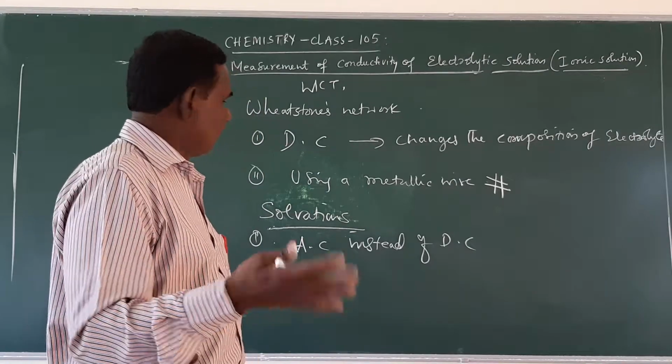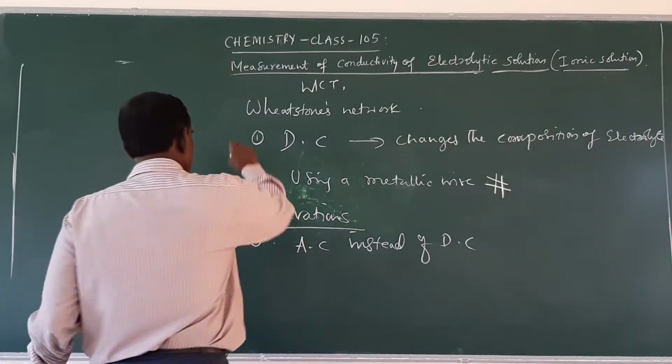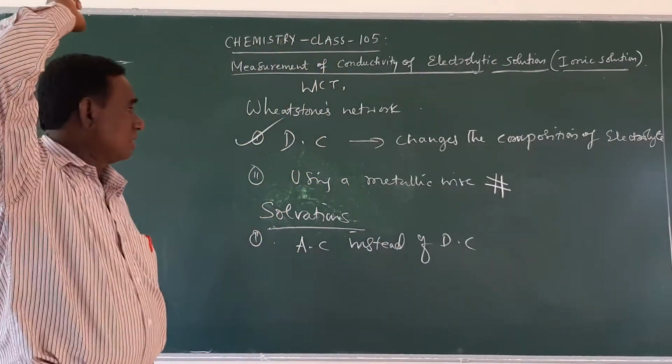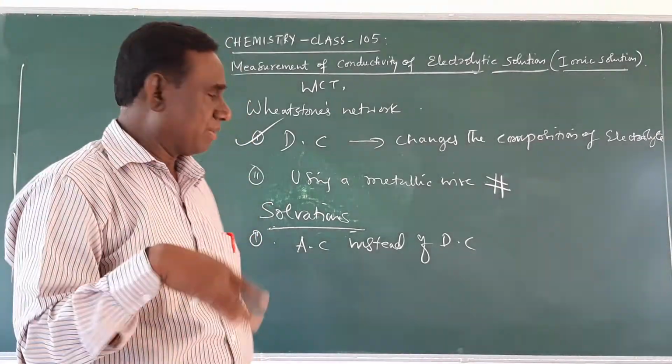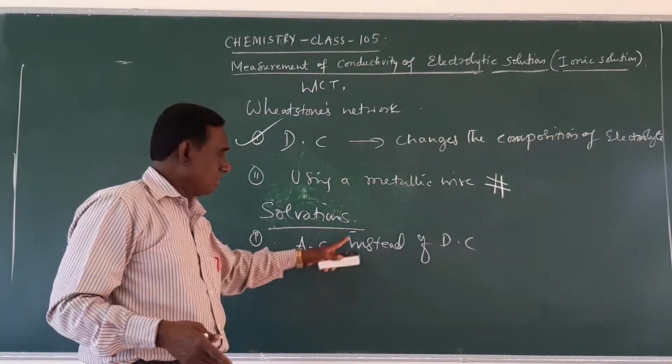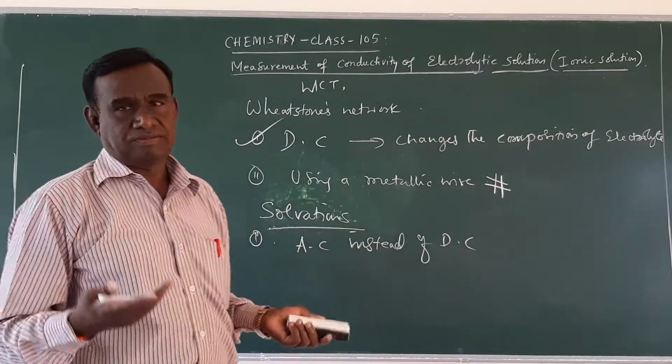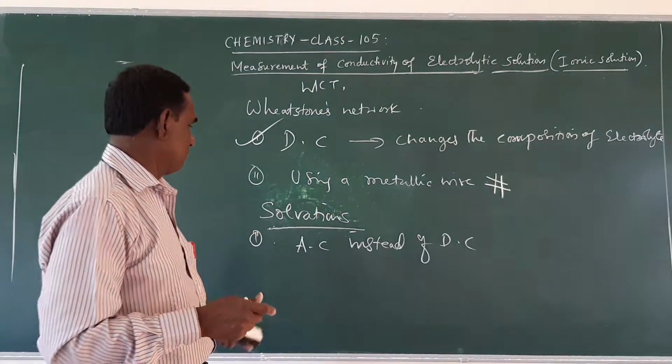The first problem, that DC current changes the composition of the electrolyte, can be solved by passing alternating current instead of direct current.